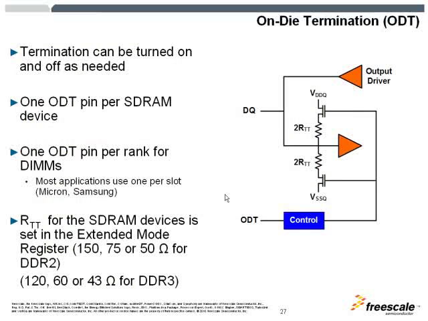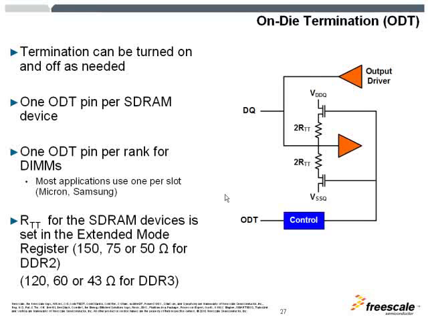Once the read and write commands are performed and the data has been received and transferred, then the ODT will turn off and these resistors are disconnected from the source, hence not drawing power.